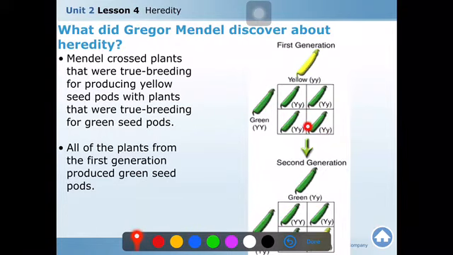You see here also the same. The green pod plant and the plant which has yellow seed pods, when they cross each other, produce all green. None of them is yellow. All of the plants from the first generation produced green seed pods. Do you see?